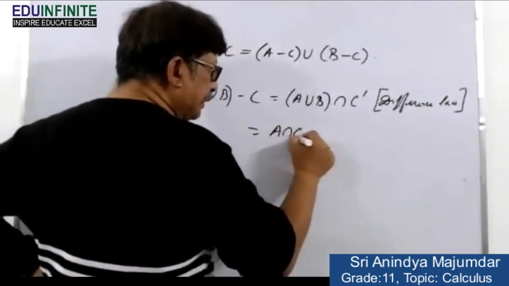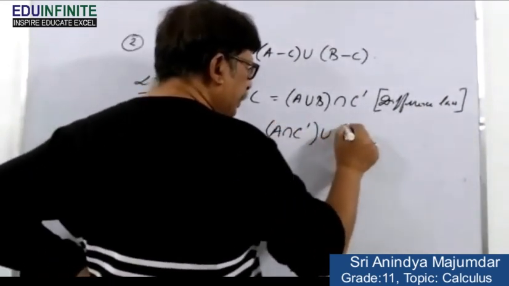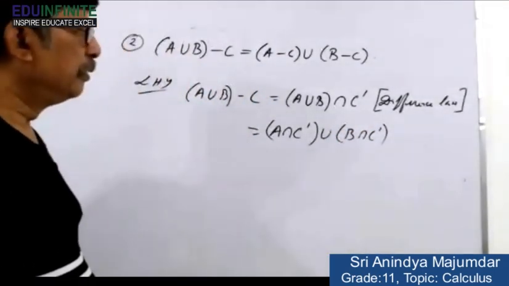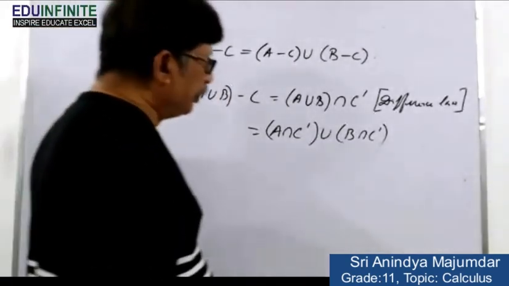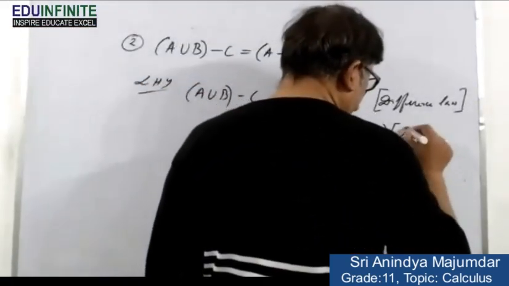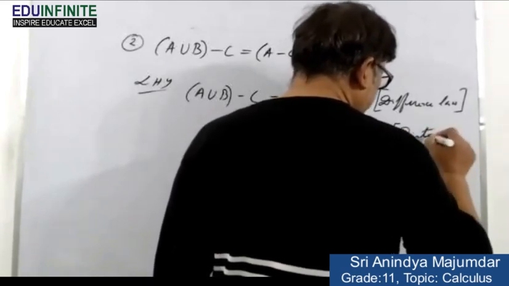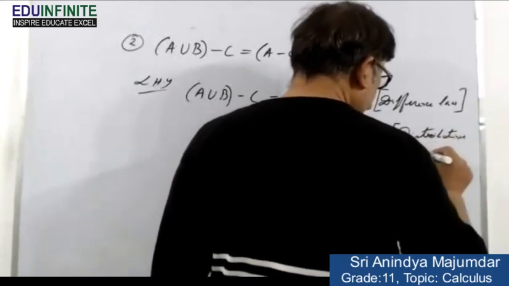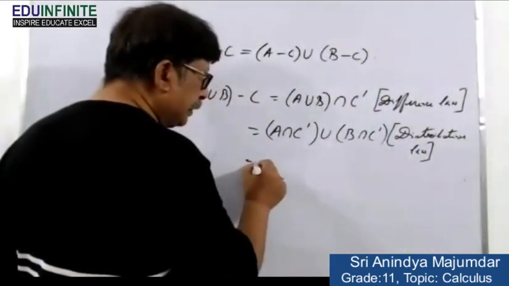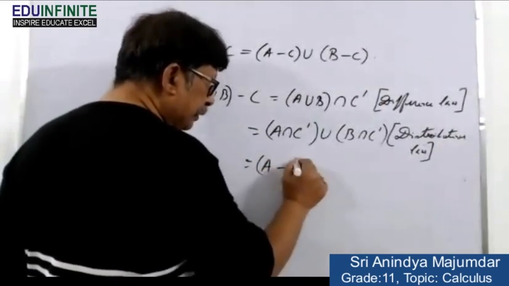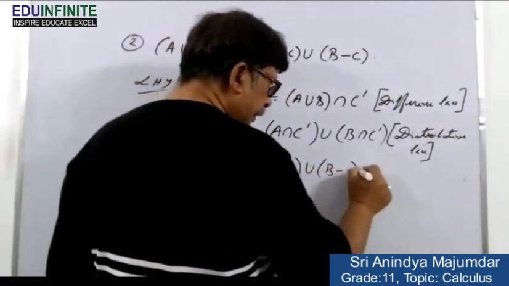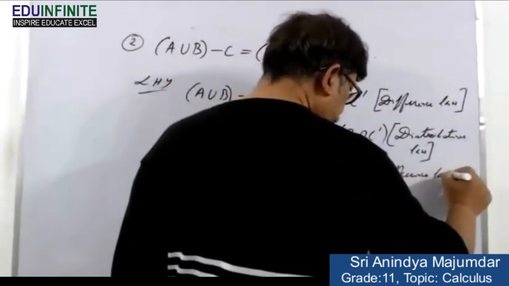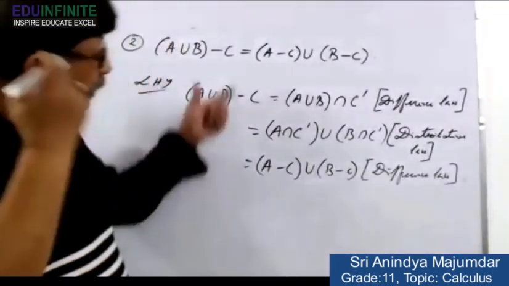This is A intersection C complement union B intersection C complement. Which law? Distributive. This is known as the right distributive law, to be very specific. This is A difference C union B difference C, that is the difference law. I'm going to prove that only.